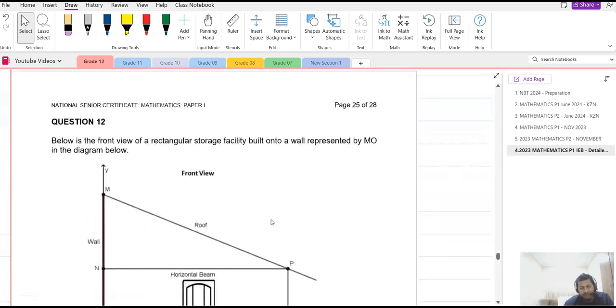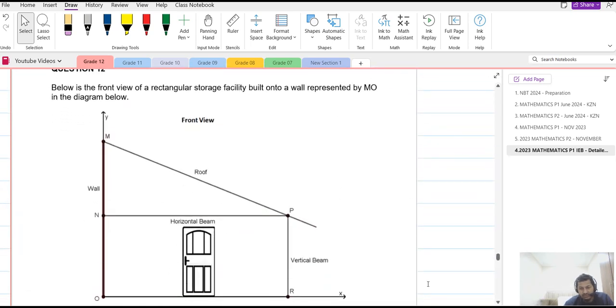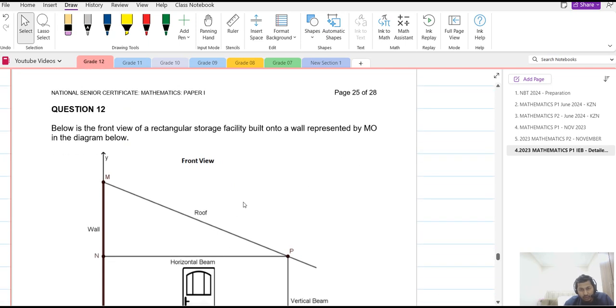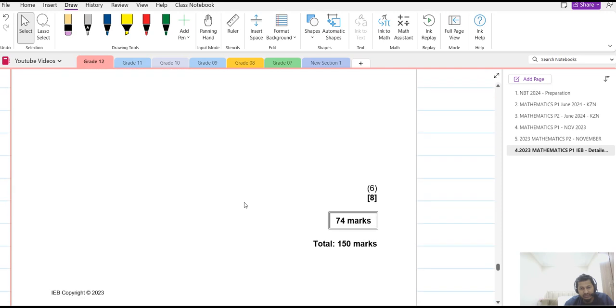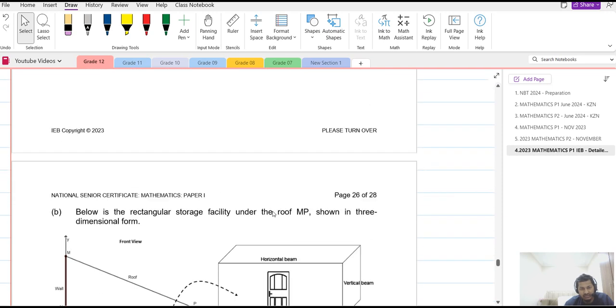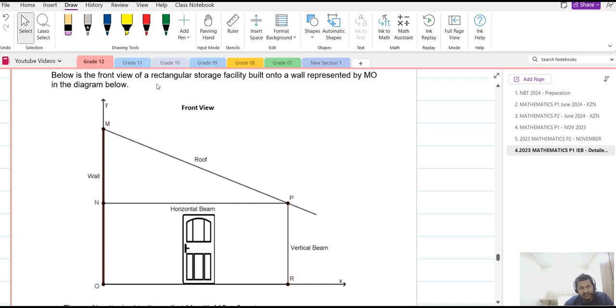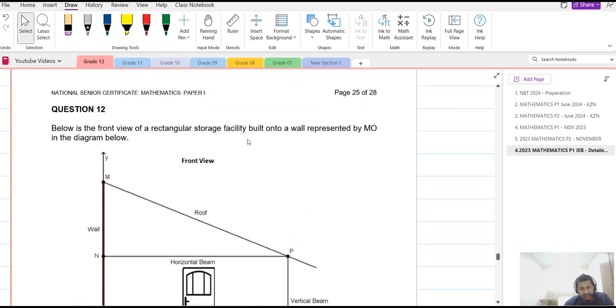Moving on to the next question, question 12. How many more questions do we have? Question 12. Okay, it ends here. Below is the front view of a rectangular storage facility built onto a wall represented by MO.